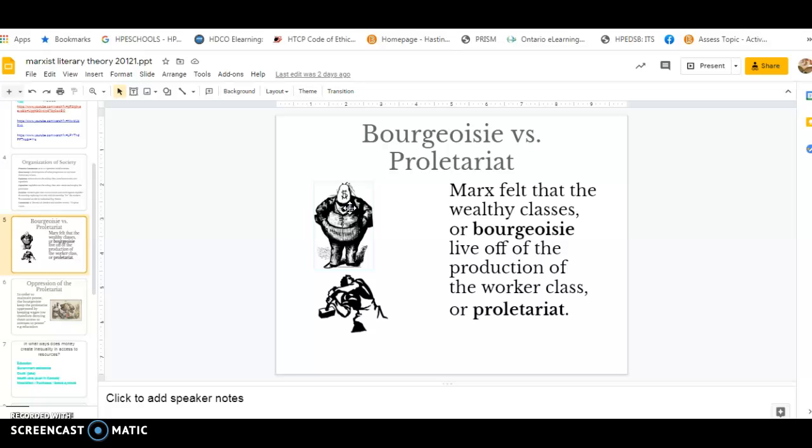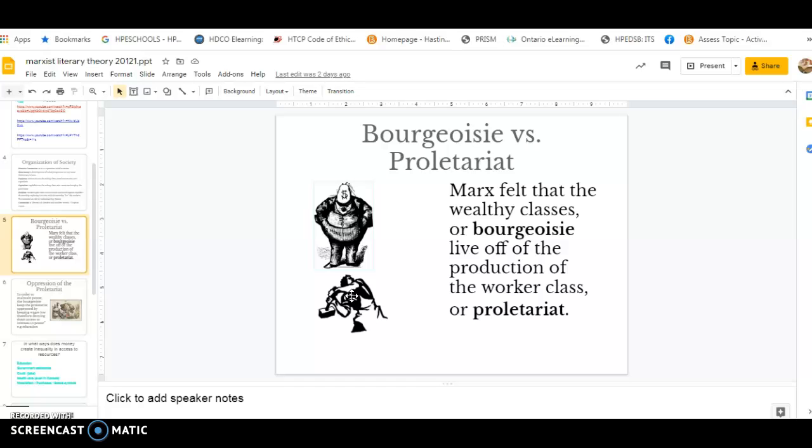So the wealthy class lives off the production of the worker. The wealthy class maintains all the profits of production, while the worker only maintains minimum wage. And often the owner will keep profits high by keeping the wages for the workers just enough so that they continue to have to work.